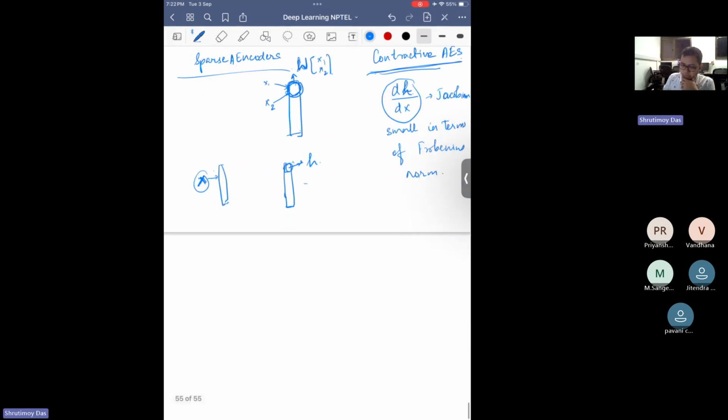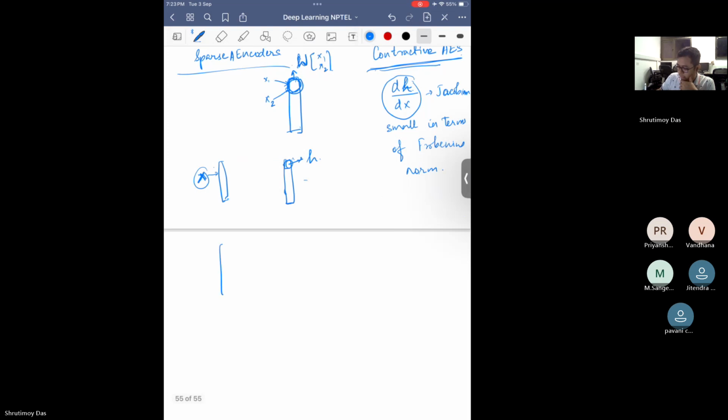And the Frobenius norm is basically this. So you have some matrix, say A1, A2, A3, A4, and you have another matrix, say B1, B2, B3, and B4. If I am talking about the Frobenius norm here, this is basically computing the element-wise subtraction and squaring.